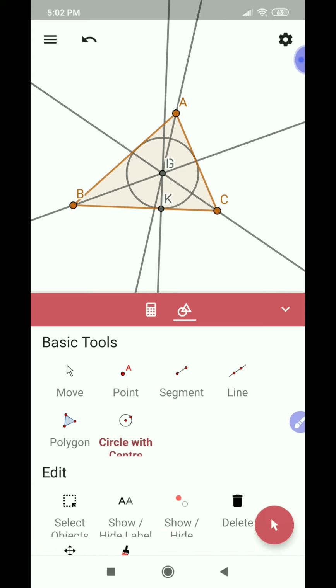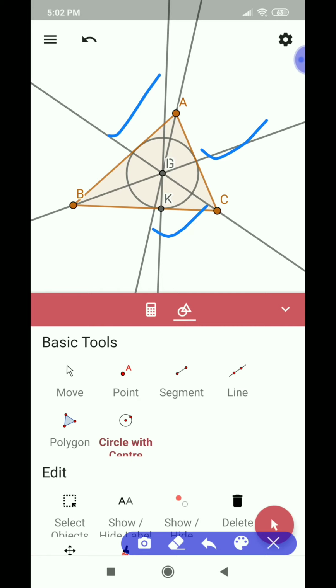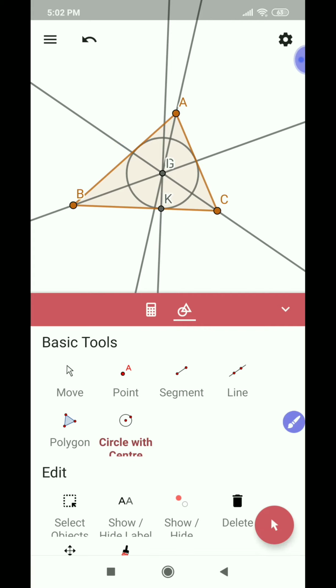Wow, beautiful circle. It touches all the sides of the triangle. It is inside the triangle. So we call this concurrent point the incenter and the circle the incircle.